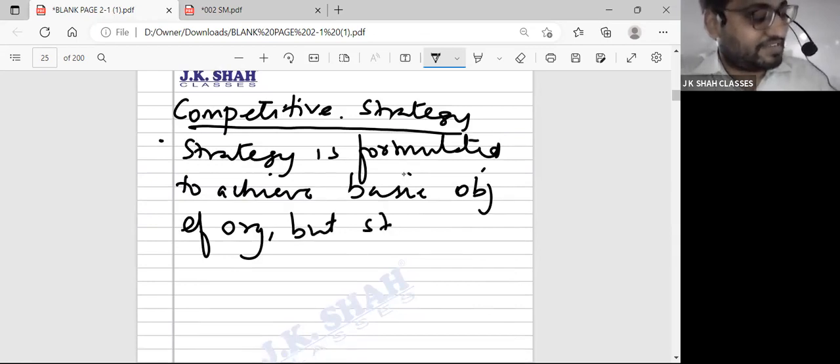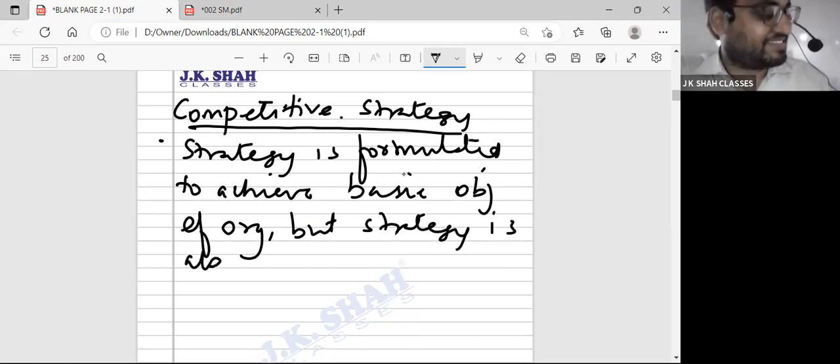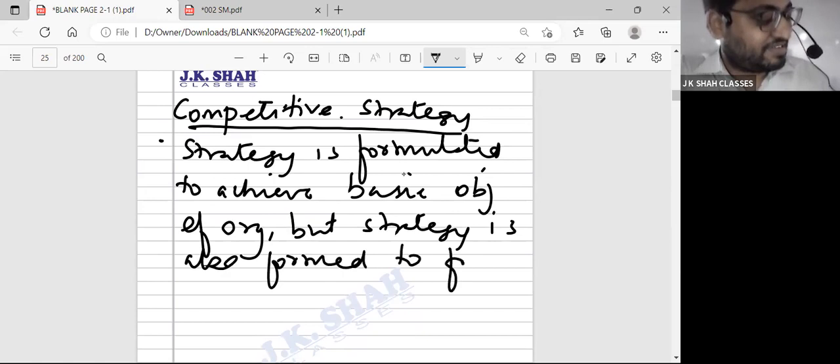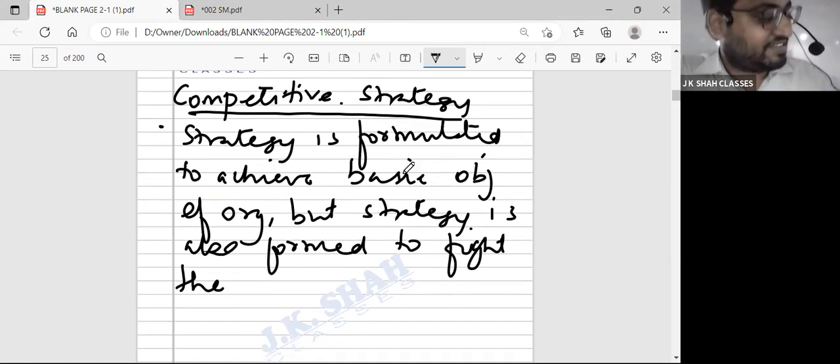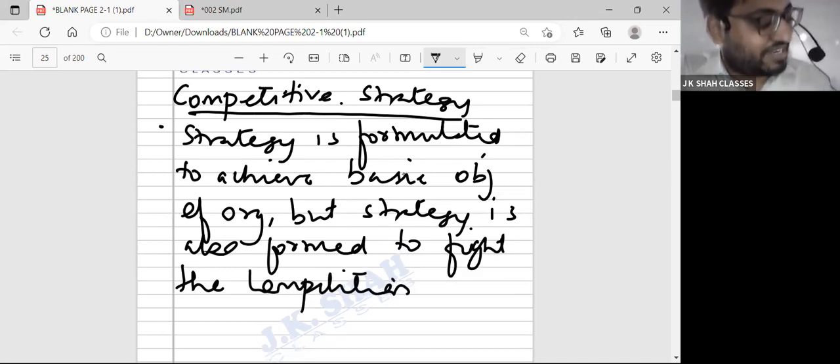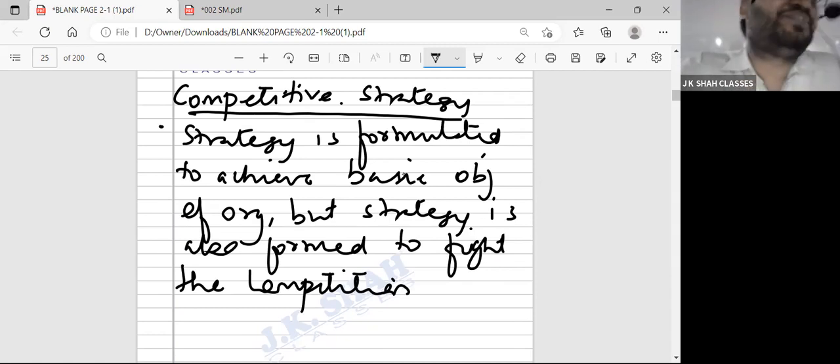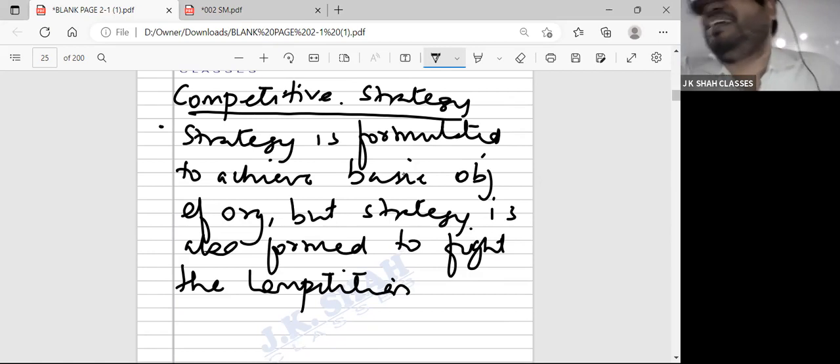But strategy is also formed to fight the competition. You want me to dictate this? Okay, I'll dictate. Strategies formulated to achieve the basic objectives of organization. Please write a little fast.